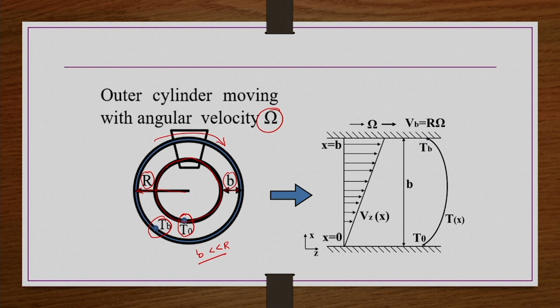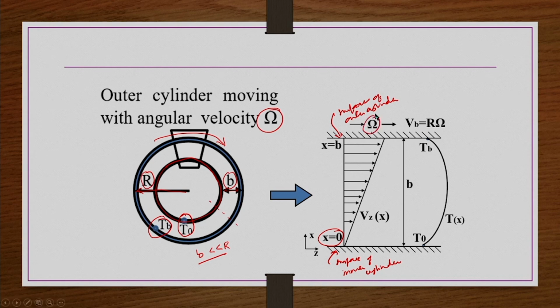How can we do that? You just cut this cylinder at any location and then stretch it. Then you have a geometry like this, where the surface of the inner cylinder you can designate at x is equal to 0, and the top layer is the surface of the outer cylinder, which is moving at velocity omega.